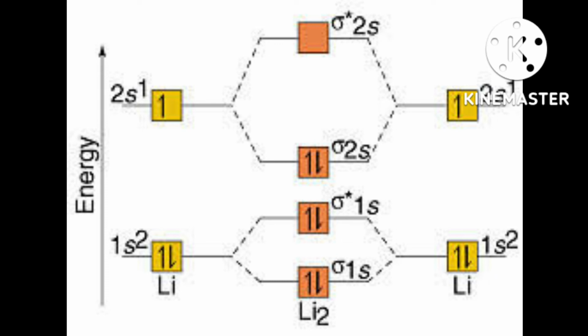For that, pi, anti-pi is used. Then anti-bonding 2px and anti-bonding 2py. And for bonding, the molecular orbitals will be sigma 2s, sigma 2pz, and pi 2px and pi 2py.